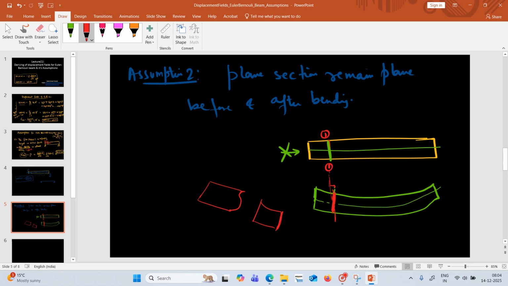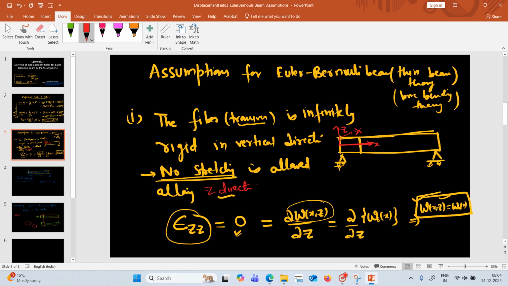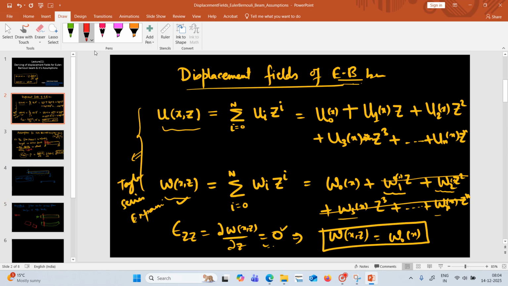It's linearly varying. So what it states is that the displacement field we have chosen, u of x comma z in the previous slide, where we considered u naught of x plus u1 of x into z plus u2 of x into z square and so on, this displacement field, taking in-plane displacements, will no more have any higher order terms.